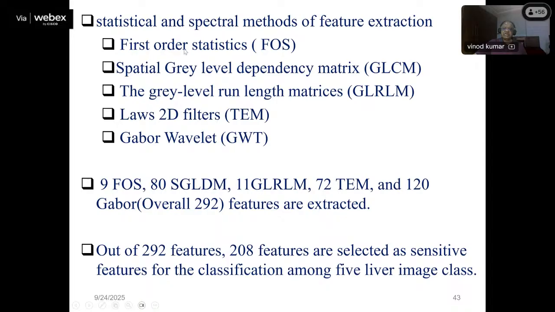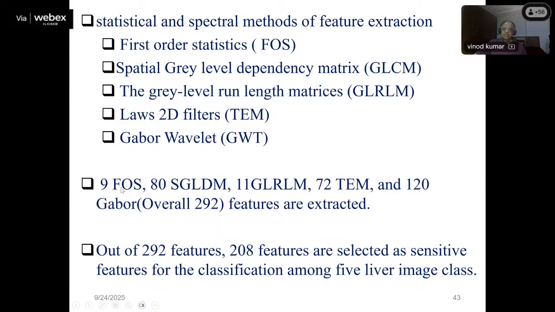Here we calculate the wavelet transform and Gabor wavelet transform. So first order statistics, FOS, spatial gray level difference dependency matrix or difference matrix or co-occurrence matrix; in different places you will find different names given. This is a co-occurrence matrix, gray level run length matrix, Laws 2D filter, that is texture energy measures, Gabor filter, GWVT.